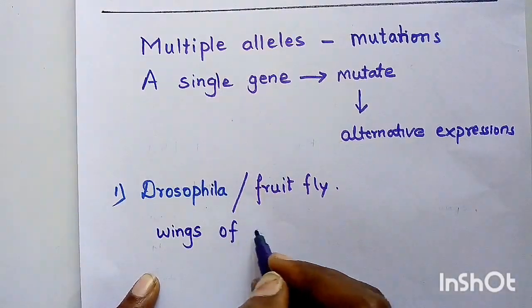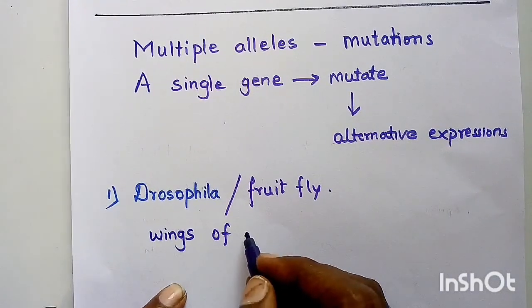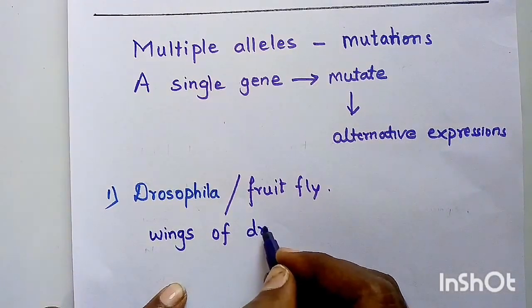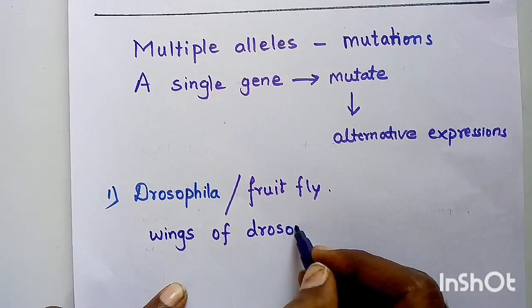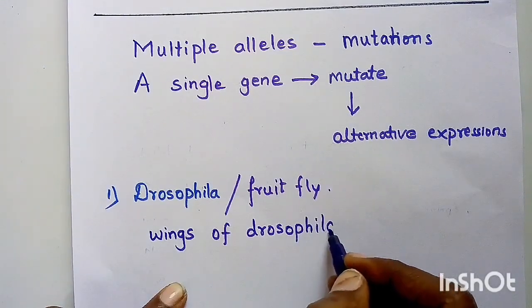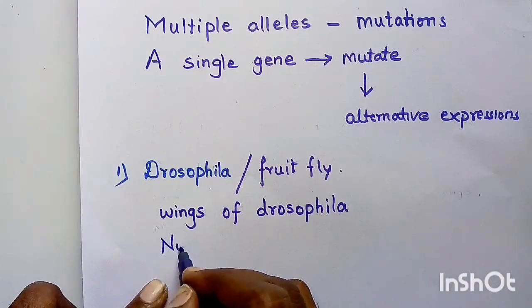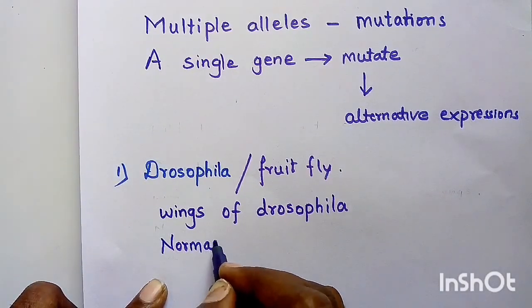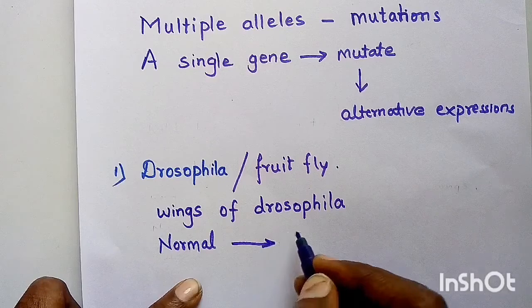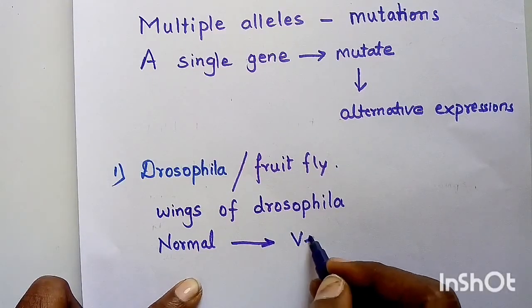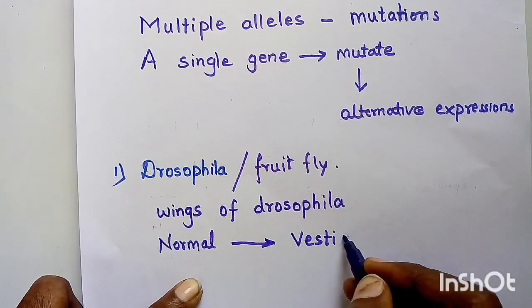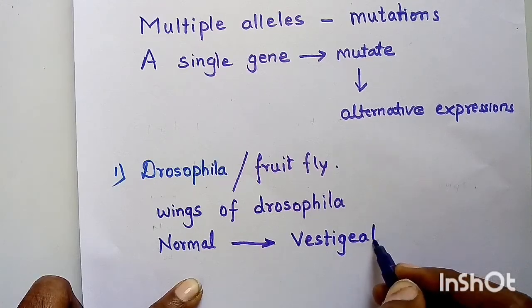The wings of Drosophila show alternative expressions. Now what are the alternative expressions? The wings of Drosophila range from normal wings, which is the wild type, to no wings, which is also called vestigial wings.